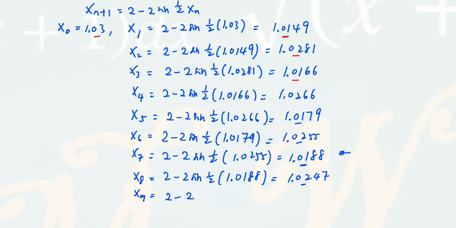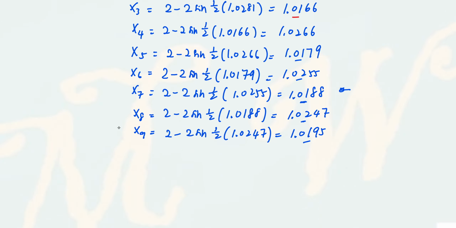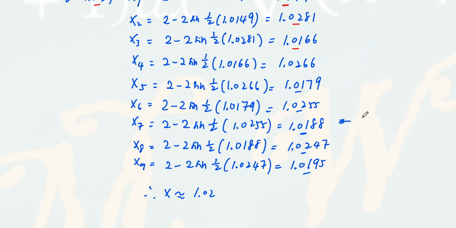So you can just find one more to double confirm the value. And now you are getting 1.0195. So when I round, I get 1.02. So that means we can stop. So x is approximately 1.02. Okay, this is the solution of this question.